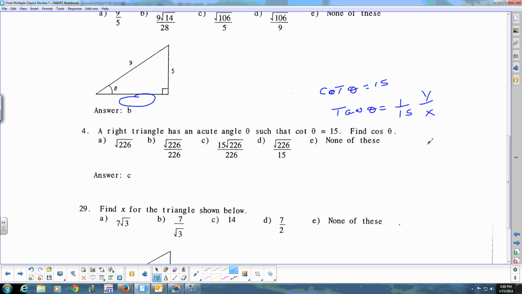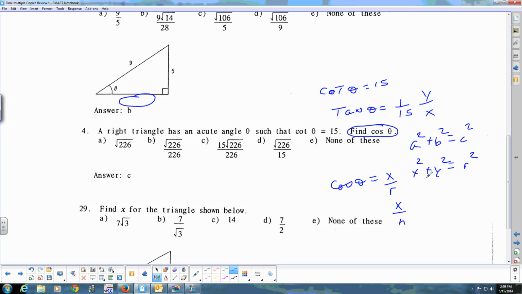There's no need to draw yourself a triangle. This Pythagorean theorem, a squared plus b squared is c squared, is exactly the same thing as x squared plus y squared is equal to your radius squared. In order to find cosine, if you're not on the unit circle, cosine of theta is your x value over your radius, or your x value over your hypotenuse.